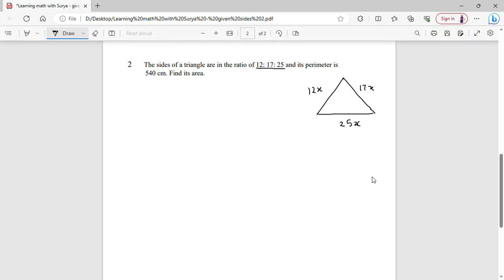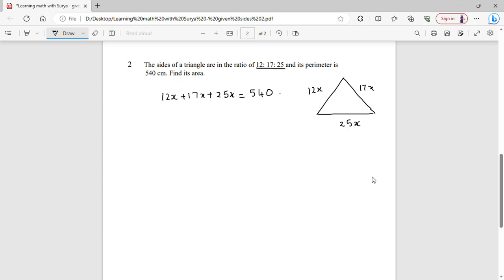So what he says is 12x plus 17x plus 25x is equal to 540. Right?